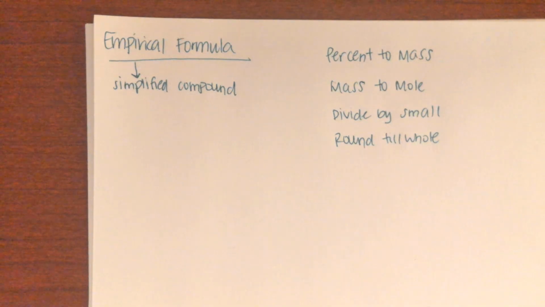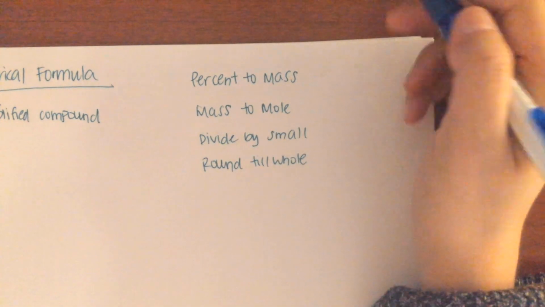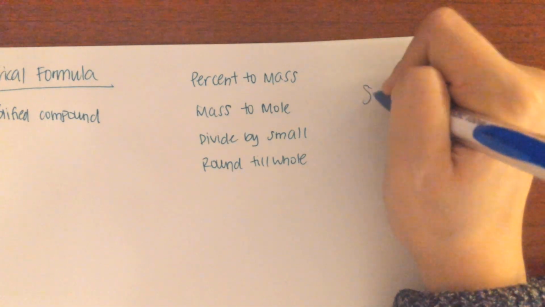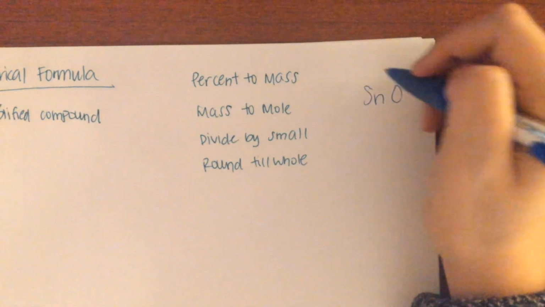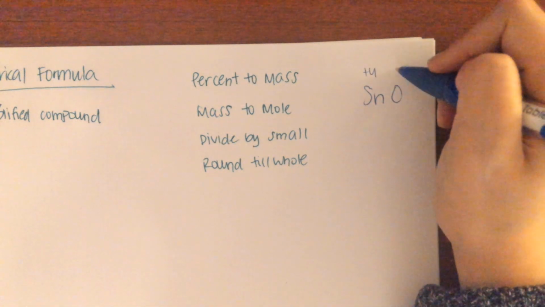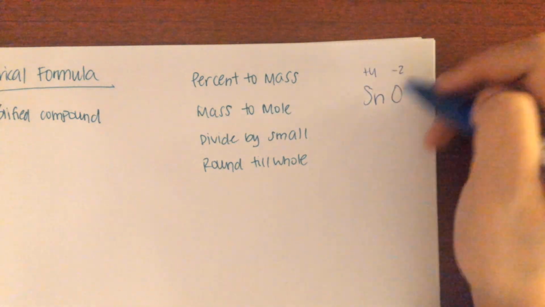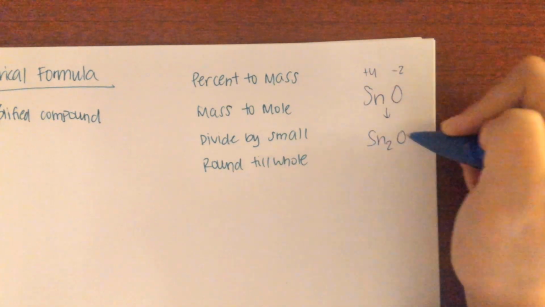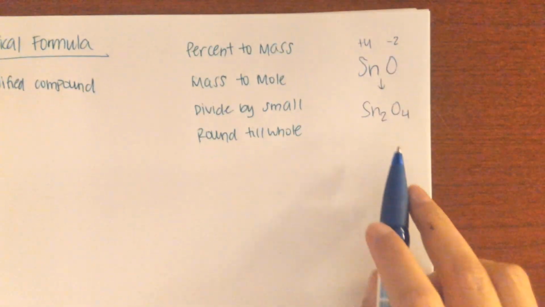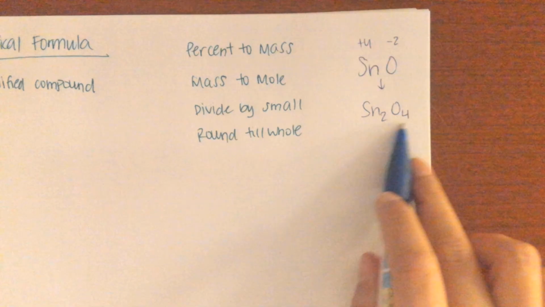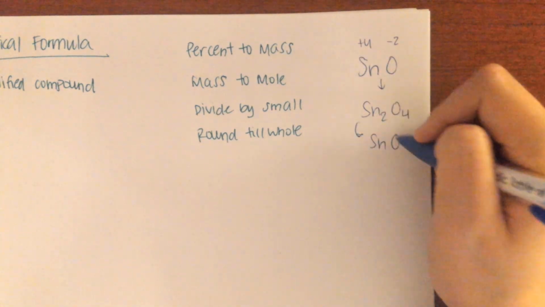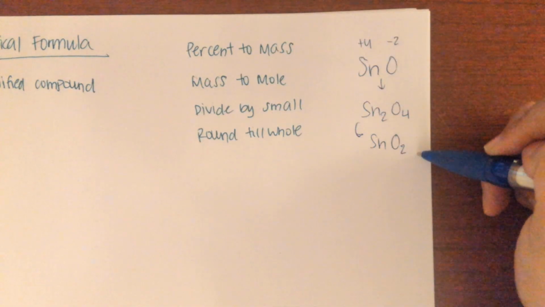If you remember last semester when we did ionic compounds, we have Sn and O. Sn has a +4, oxygen has a -2, and when we crisscross, we end up with Sn2O4, and then we can see this can be simplified to SnO2, so the simplified subscripts.